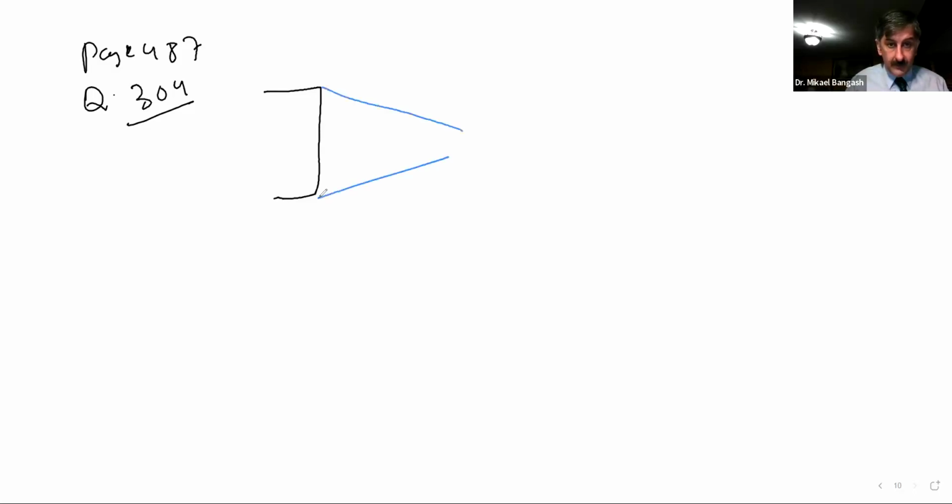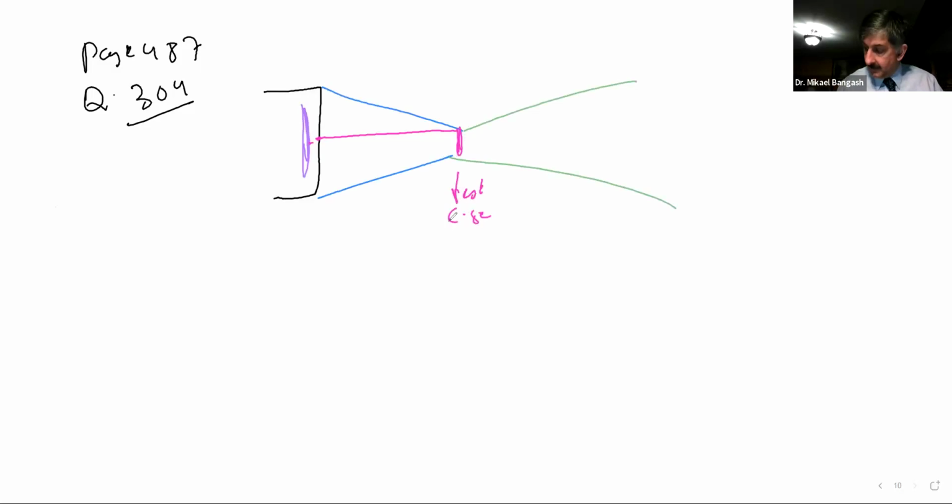This here is our beam, and the question is asking what we call the region from the transducer to the area where the beam has the shortest cross-sectional area, which means the smallest diameter. What do we call this region here?